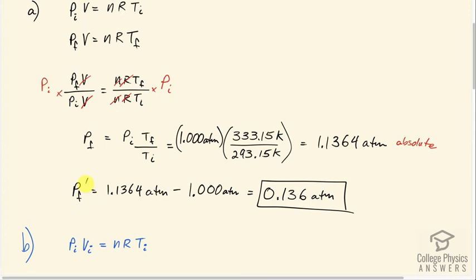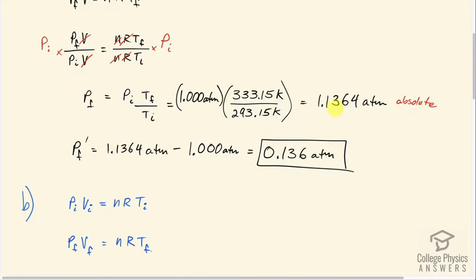And so the final pressure in gauge terms, which is another way of saying the amount by which the pressure exceeds atmospheric pressure, that's what gauge pressure is. So we take this absolute pressure that we found and subtract away an atmosphere, and we get 0.136 atmospheres is the gauge pressure.